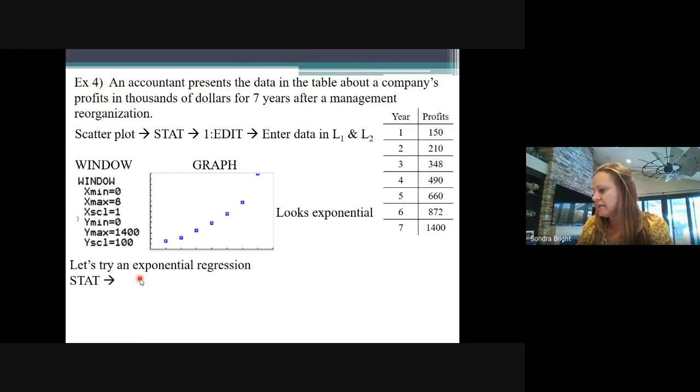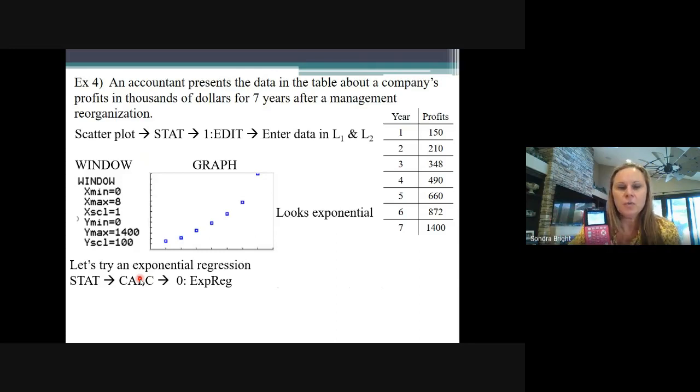How you do that is you hit stat, which is the button next to the arrows, then arrow to the right to calc, and then scroll all the way down. After 9, you'll get 0. I'm telling you, it's exponential regression, so 0.